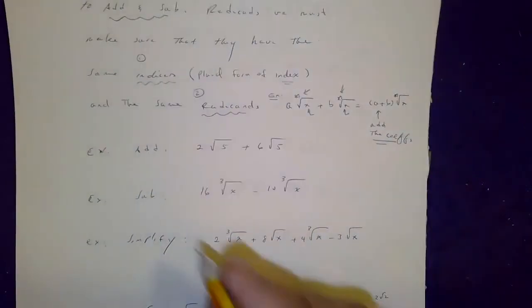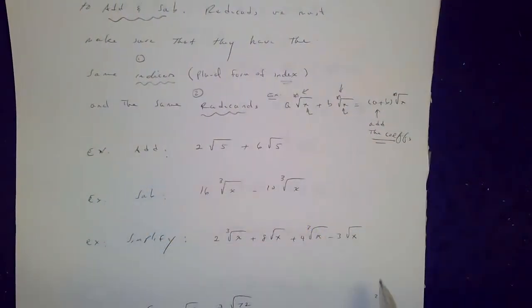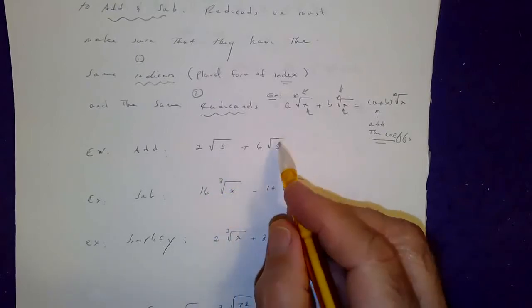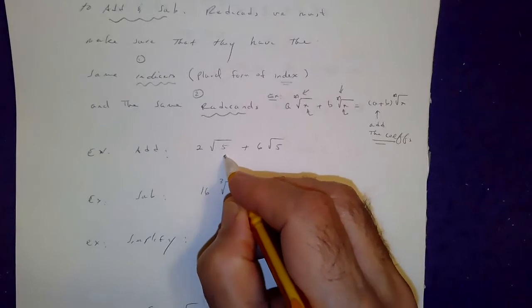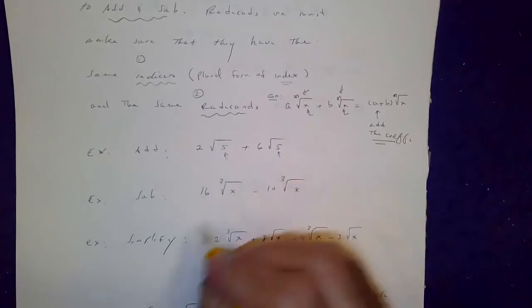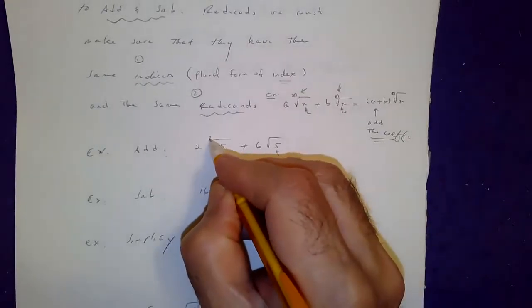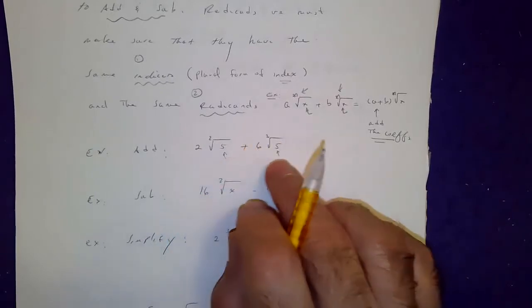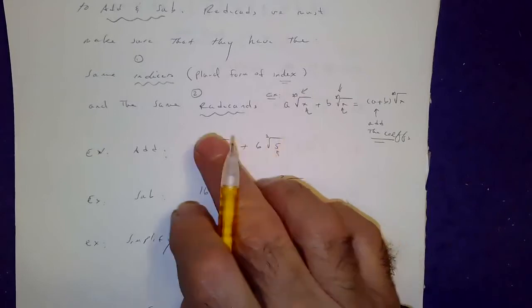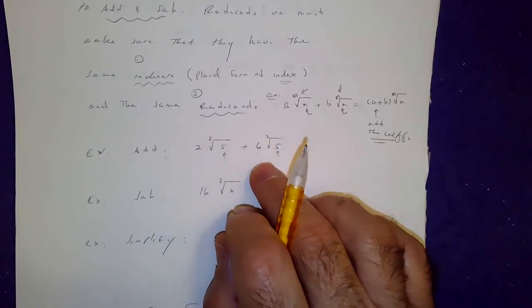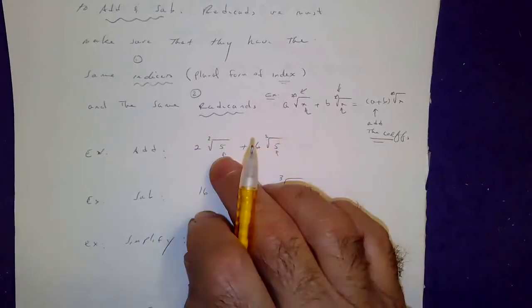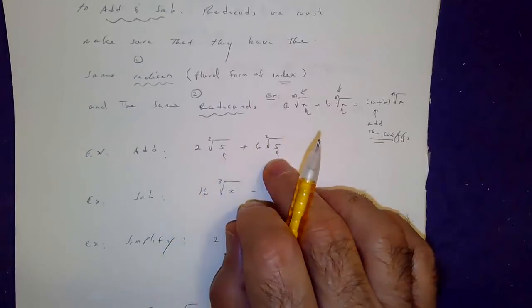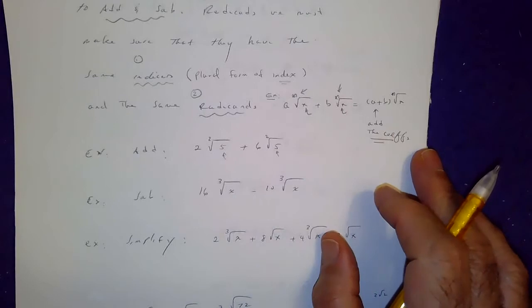Check this out. Suppose you have been asked to add 2 square root of 5 to 6 square root of 5. I have to make sure two things are satisfied. These numbers have to match, and these numbers have to match. If the indices are the same and the radicands are the same, then you are allowed to add, or else you cannot do it.